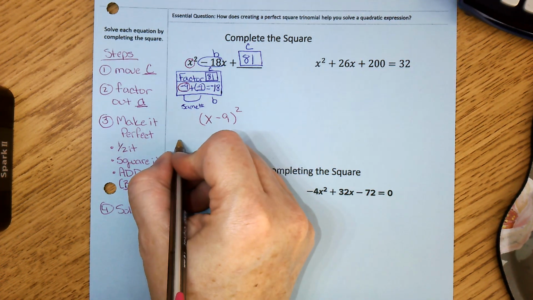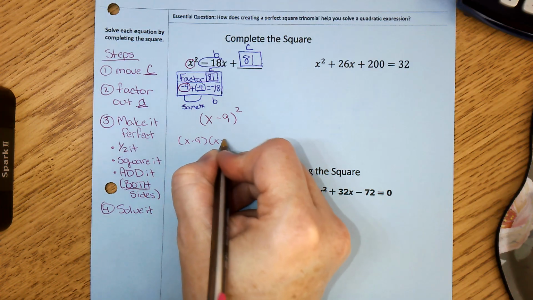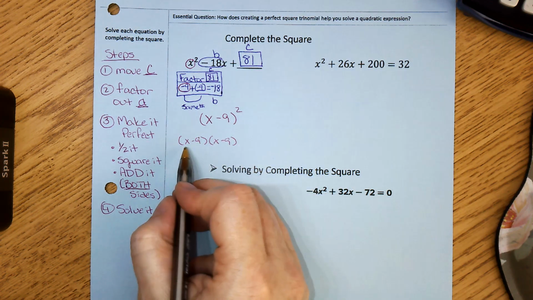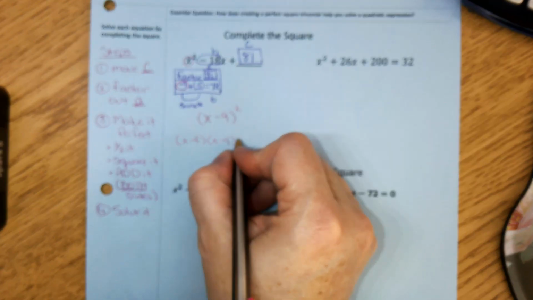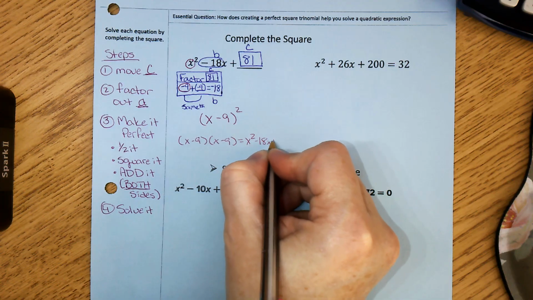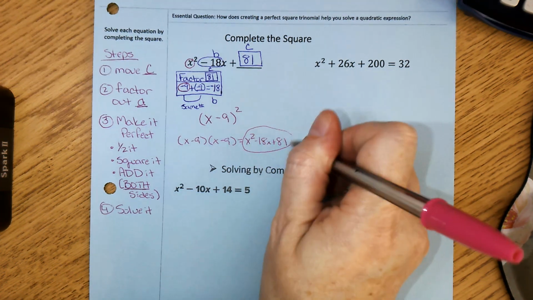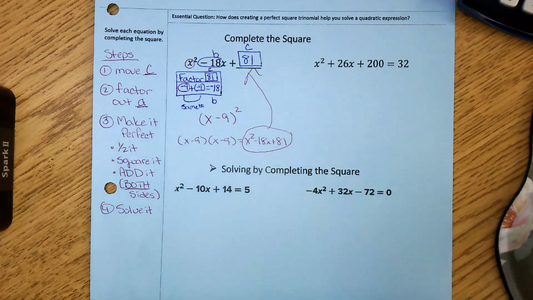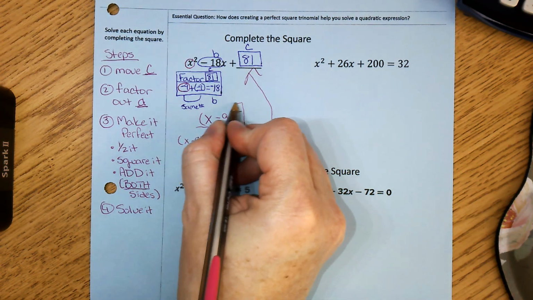Well, x minus 9 squared is x minus 9 times x minus 9, because that's what squaring is. Multiply something times itself. And if you FOIL this out, you end up with x squared minus 18x plus 81. You end up back where we started from. All right, so this is where we're going.